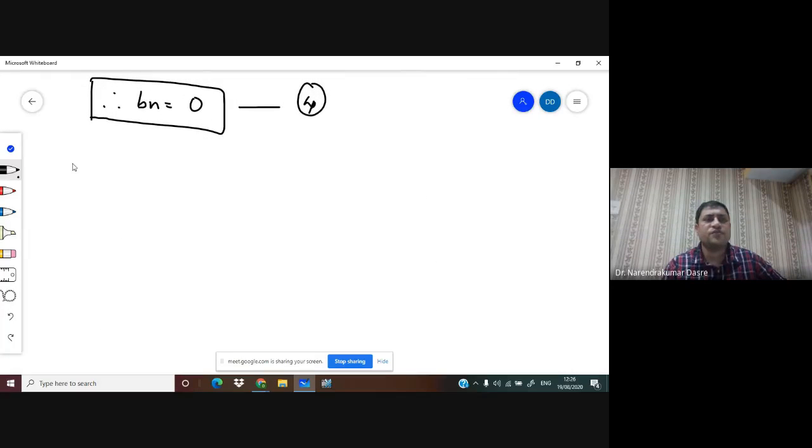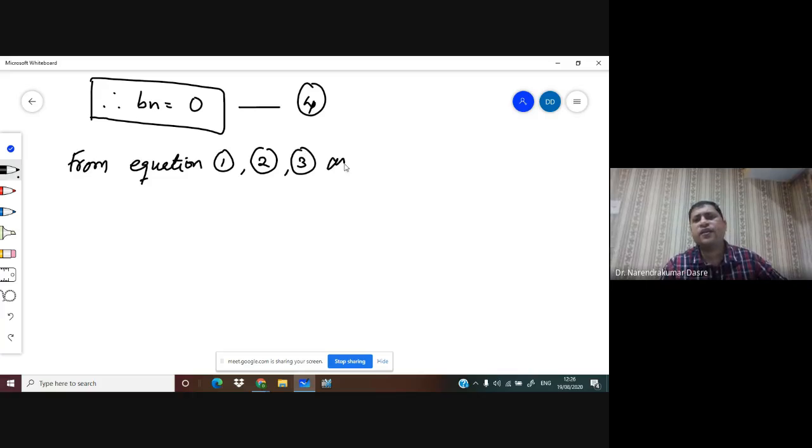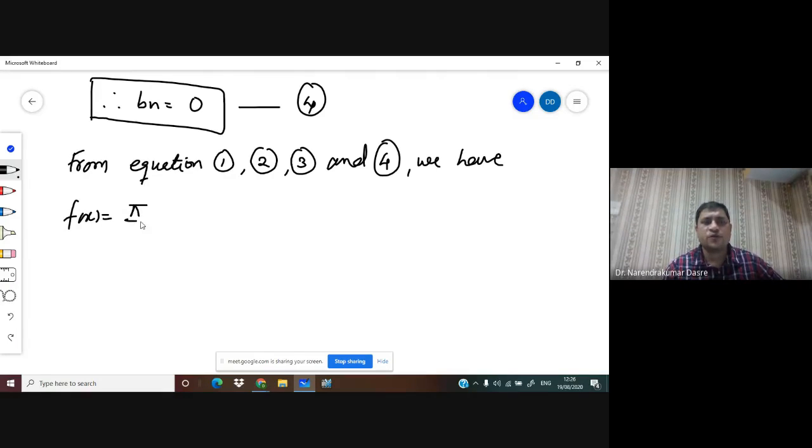So we can write the Fourier series from equations 1, 2, 3, and 4. We have f of x is equal to pi by 2 minus 4 upon pi summation 1 upon n square cos of nx.